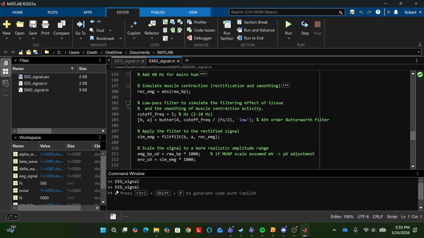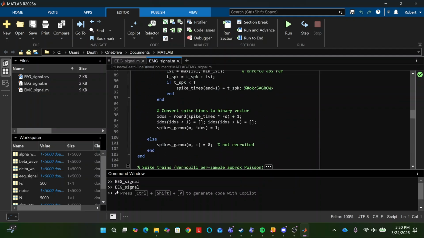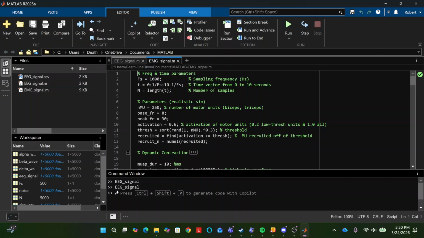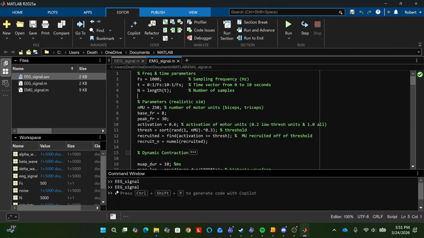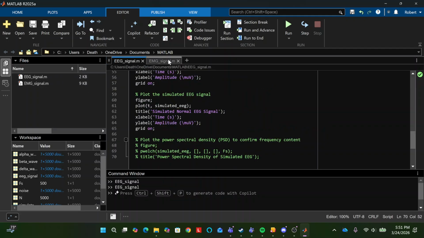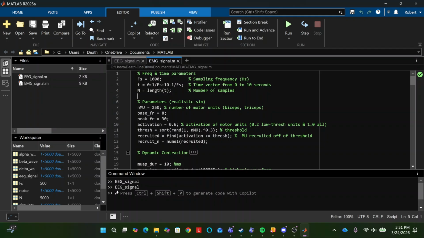And what we want to do is then we did our EMG, and our EMG is something where we're looking at a regular EMG signal and how it would work and affect and be affected. So again, we have our parameters, our frequency and time, and the number of samples.